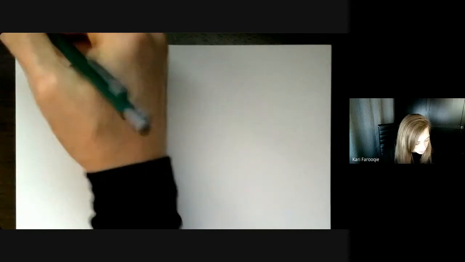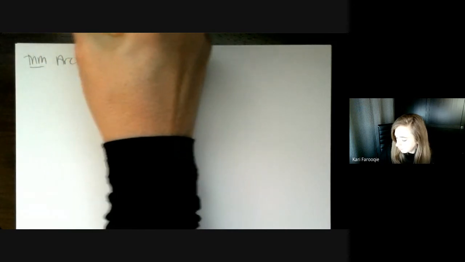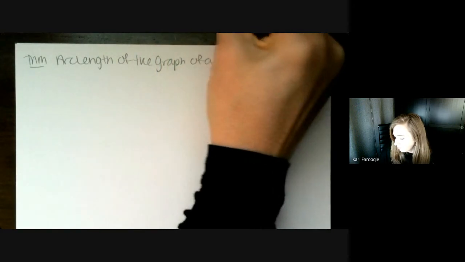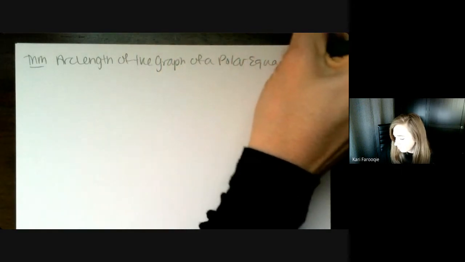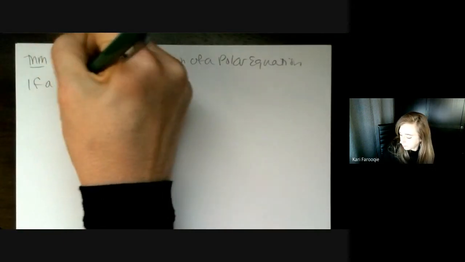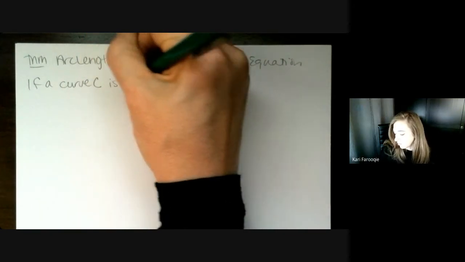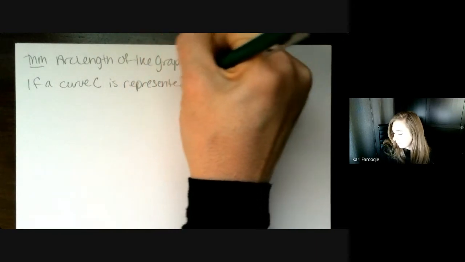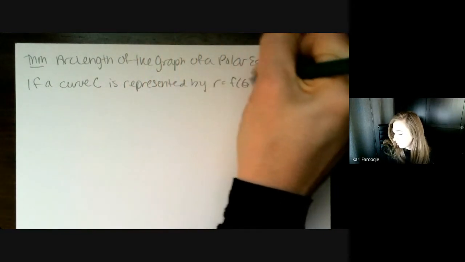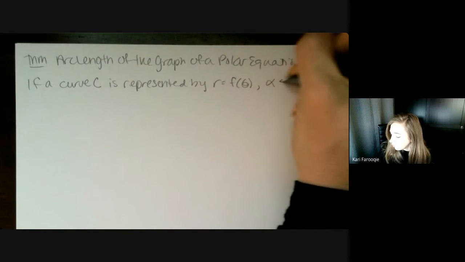This is arc length of the graph of a polar equation. If a curve C is represented by the polar equation r equals f of theta, where theta is between alpha and beta.